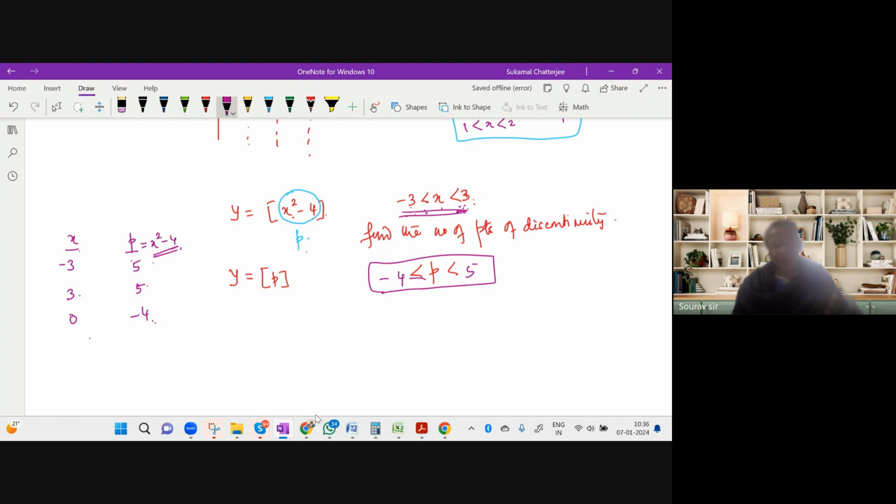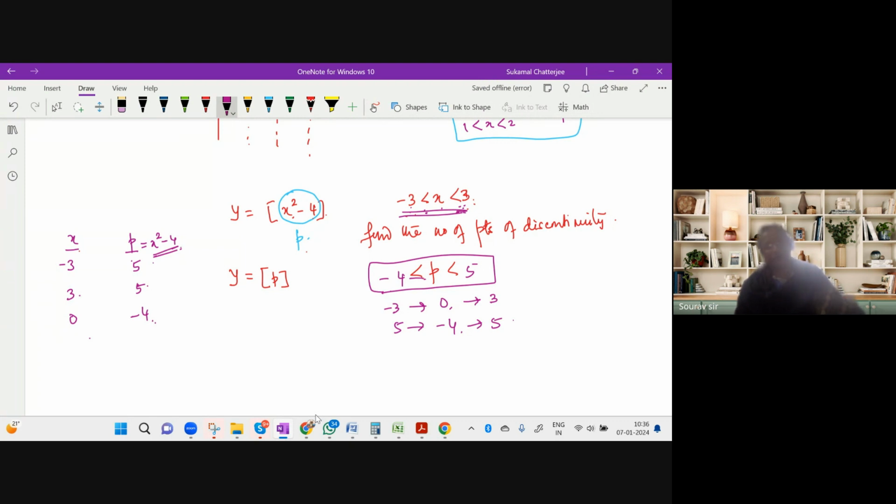So that means what will happen? The values of p will go from 5 to -4 when x goes from -3 to 0. And again, when it goes from 0 to +3, this goes from -4 to +5. Are you able to follow this? Yes, sir.